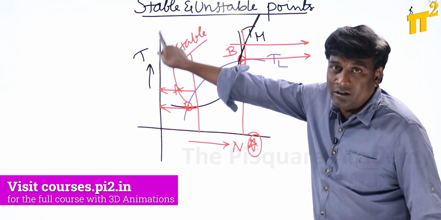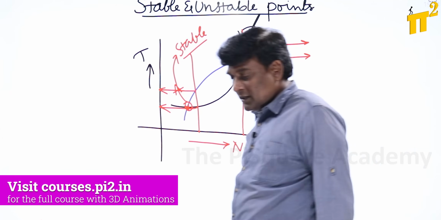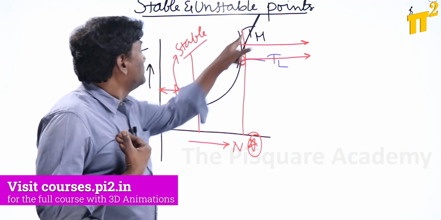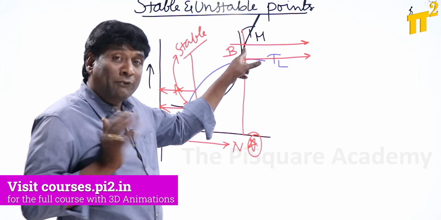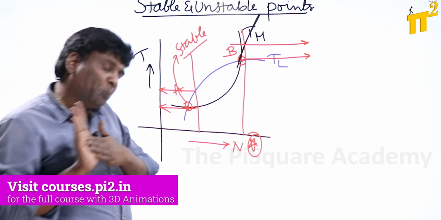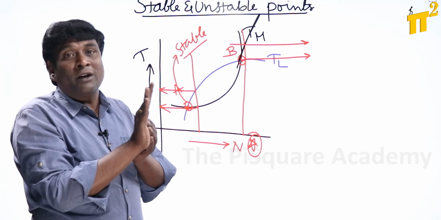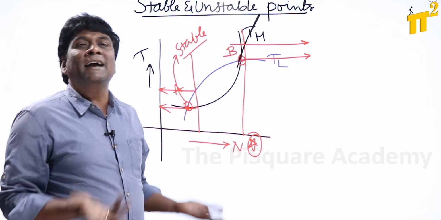Meaning that after this junction point, the torque developed by the motor, Tm, is more and the torque requirement of the load is less. My push is more from the motor side, but the load is unable to absorb that much torque, so the remaining torque is going to be accelerating torque.